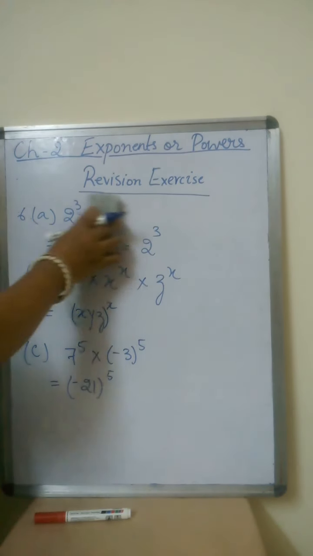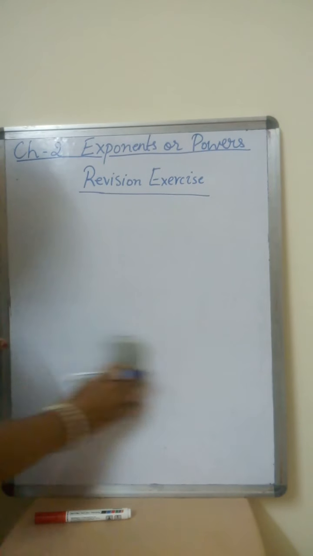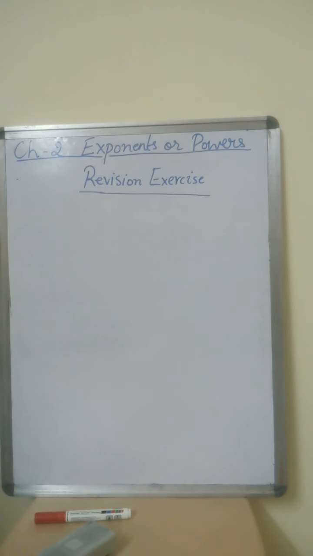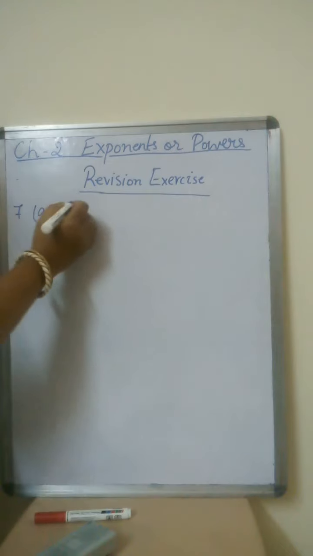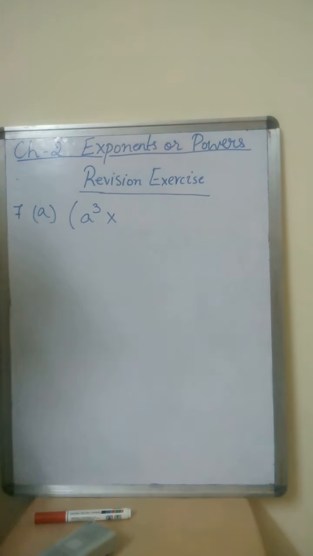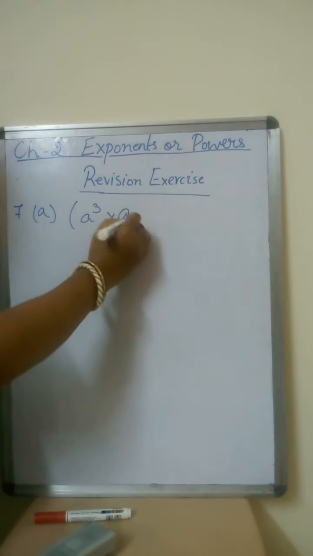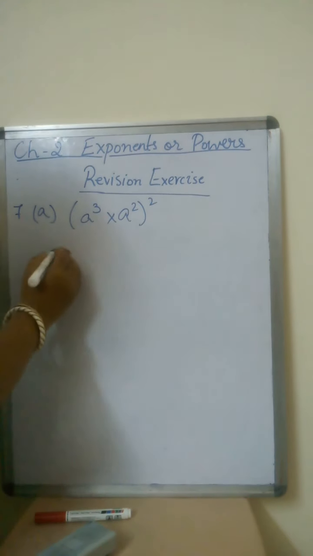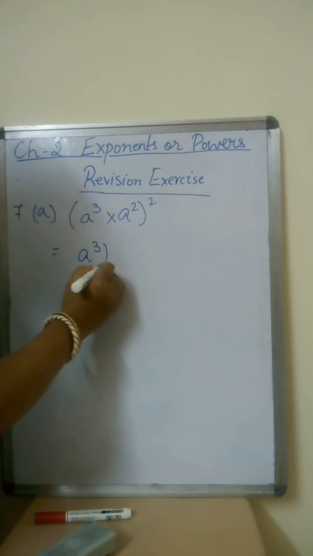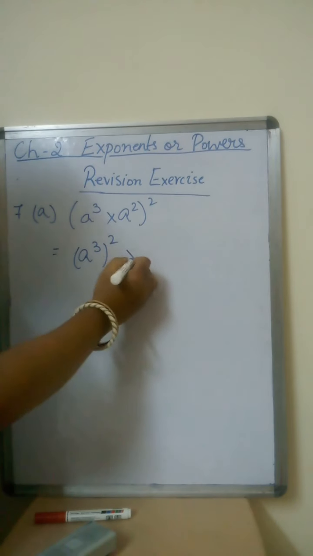Next we come to question number 7. So what is there in question number 7? In question number 7 it is given to simplify. So when we simplify, what is given? A to the power 3 into a to the power 2, all to the power 2. Now here we can write a to the power 3 in this way also, right?